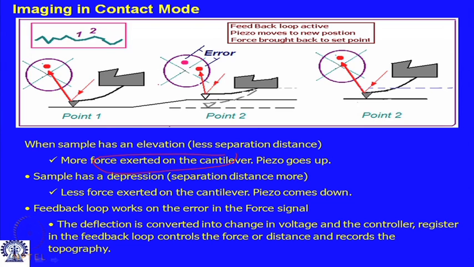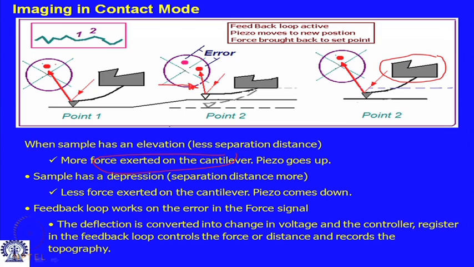First, there is a motion maintaining the same height of the scanner, then there is a change in the deflection, a change in the force, which results in a change in the location of the laser spot from the set point location, and then that error is fed through the feedback loop to the scanner, so that the scanner readjusts its dimension and the level of force is back to the same value as it was after approach.